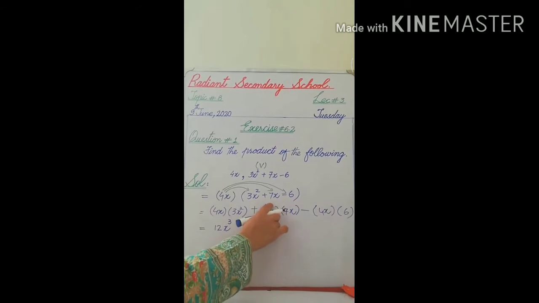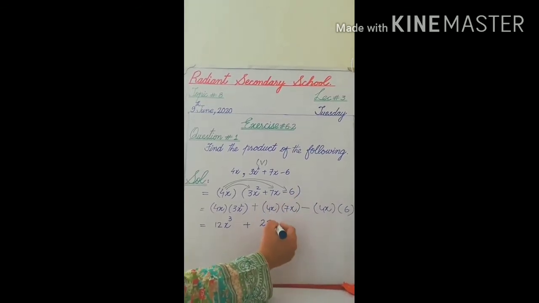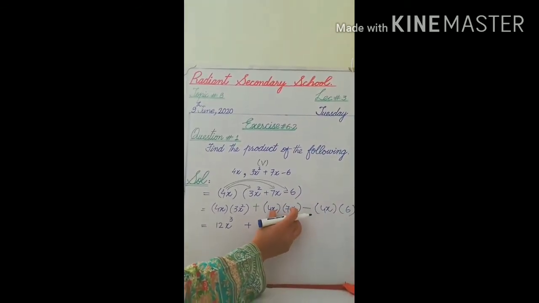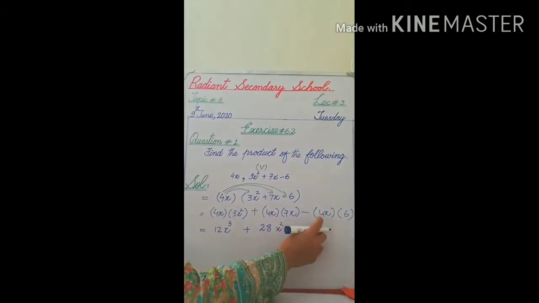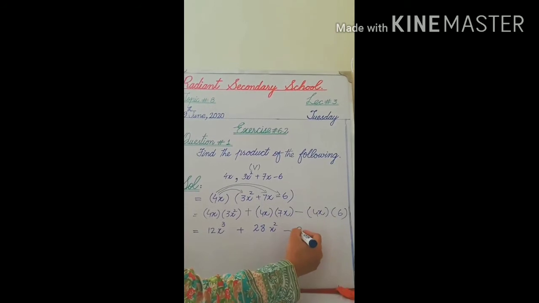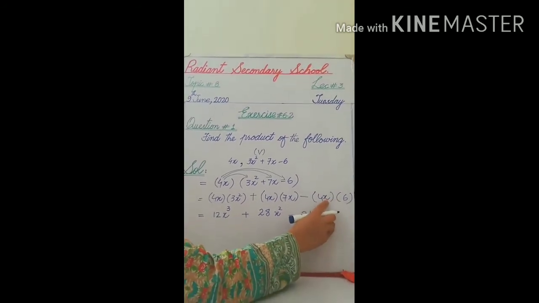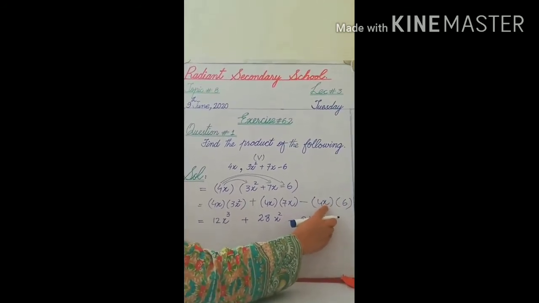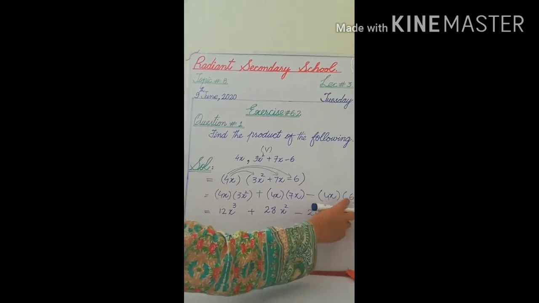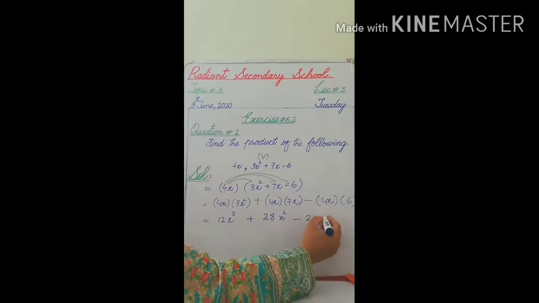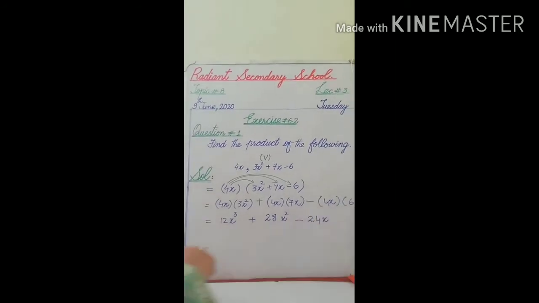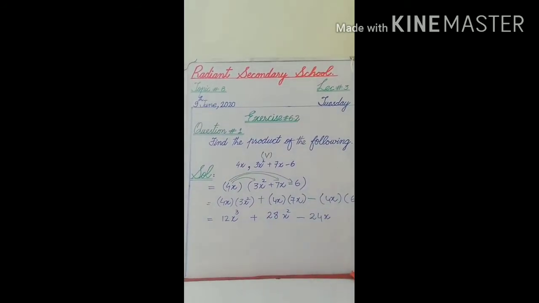This x has exponent 1, this x has exponent 1, add their exponents because both bases are the same. Now this minus will come down, 4 6s are 24. Now here you can see, students, just one base is coming, here there is no base, so we will not ignore this, this base will come down as it is.